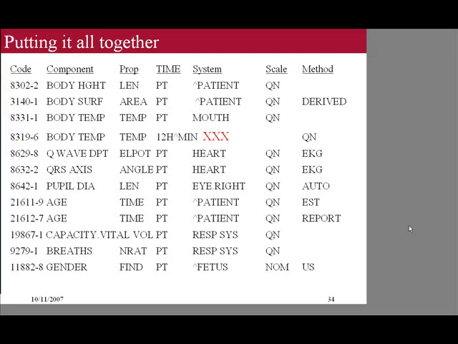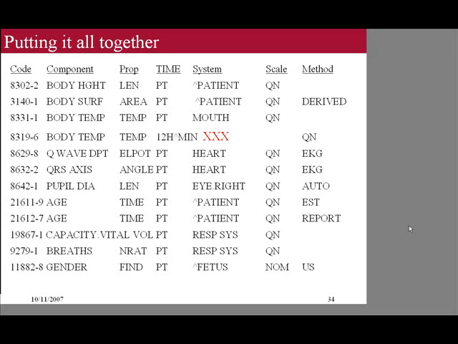The first one is specified as being taken in the mouth, an oral temperature. But I may want to take temperatures where I don't say where I measured it. I don't say whether it was oral or axillary or in the ear with an infrared thermometer.